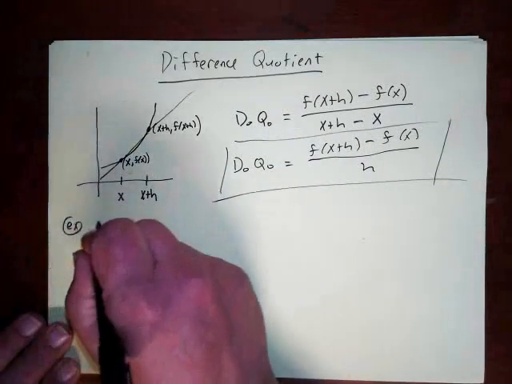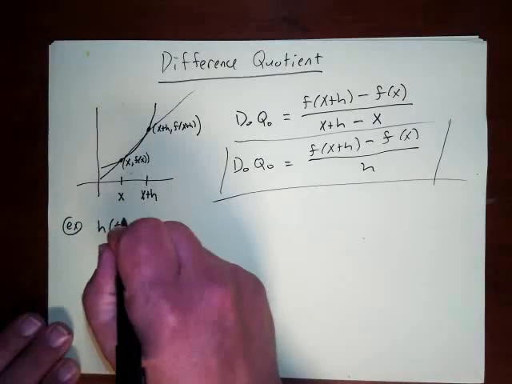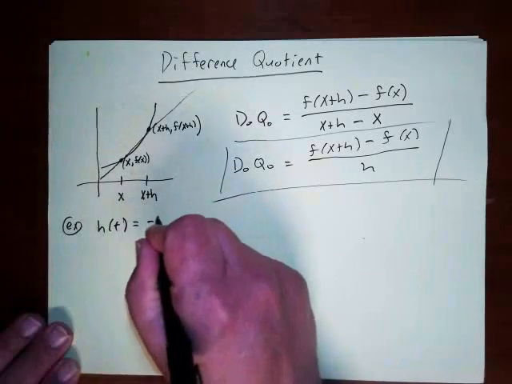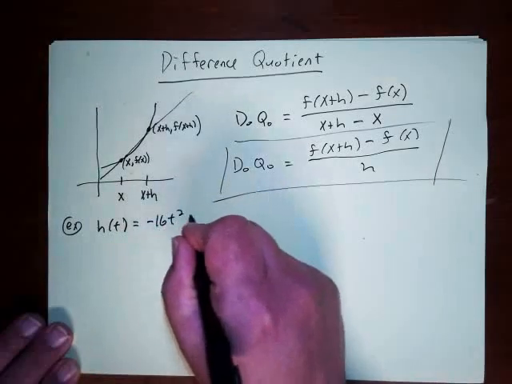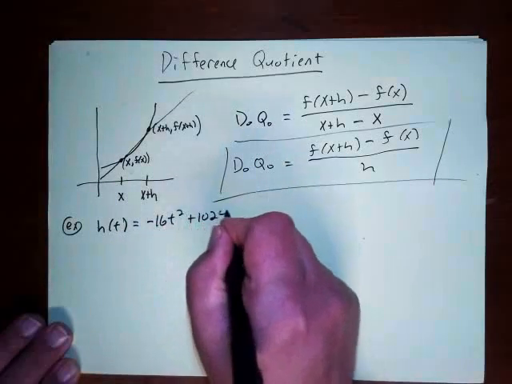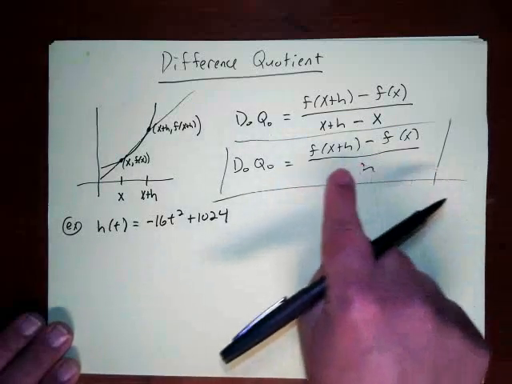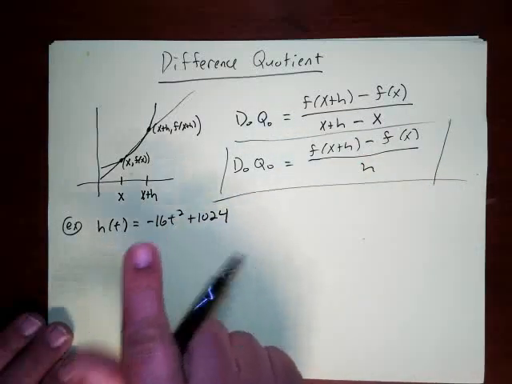Okay? So remember in the previous video, we had the height of a rock at time t after you dropped it off of a cliff, and it was given by the following function. Okay, so what I'm going to do is set up the difference quotient here for this particular function.